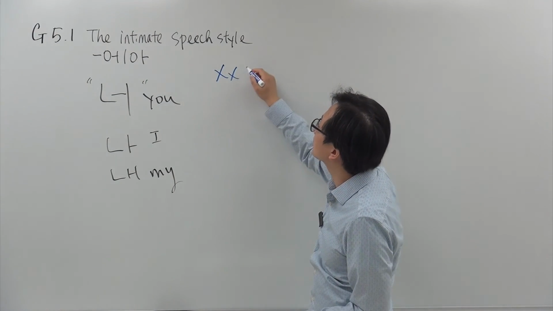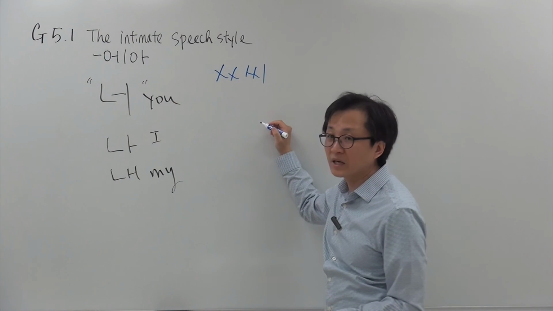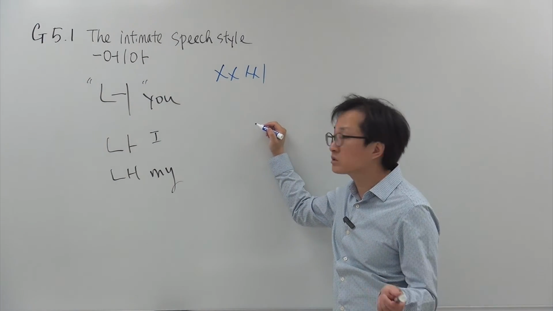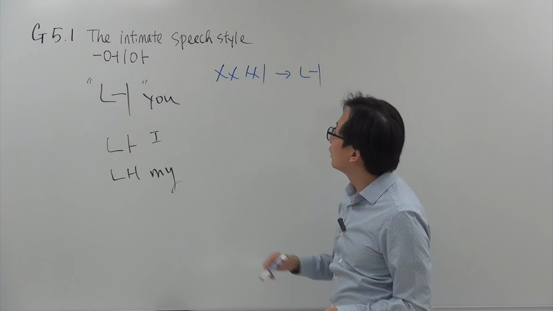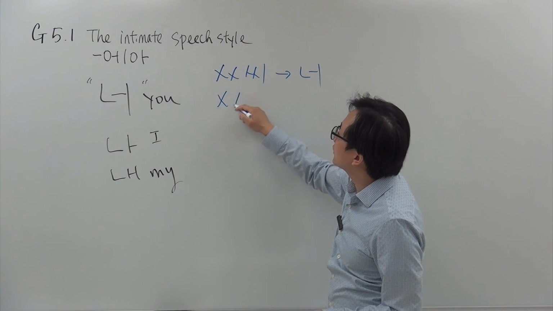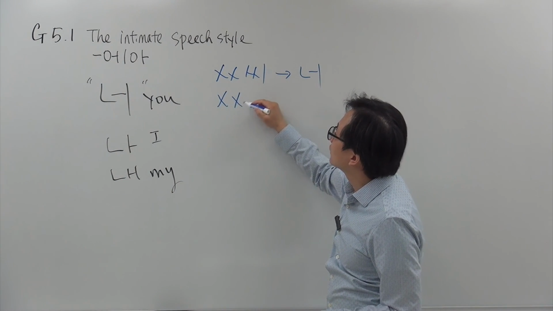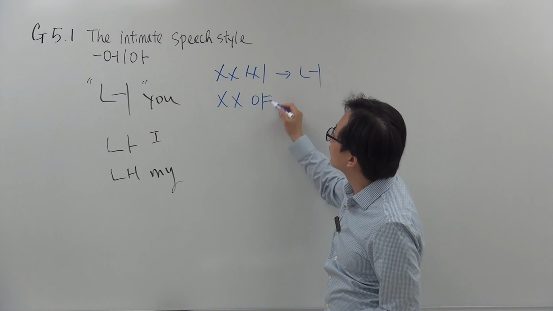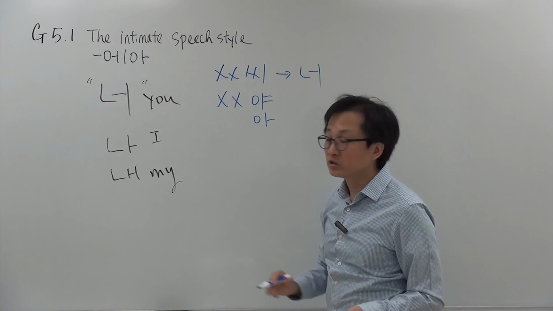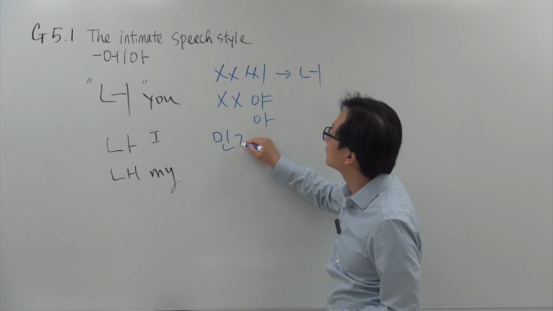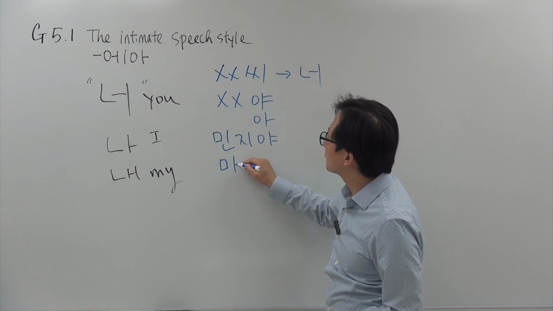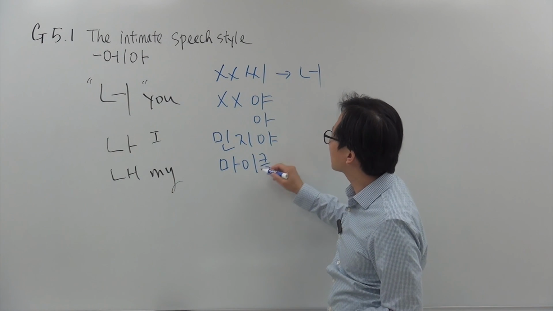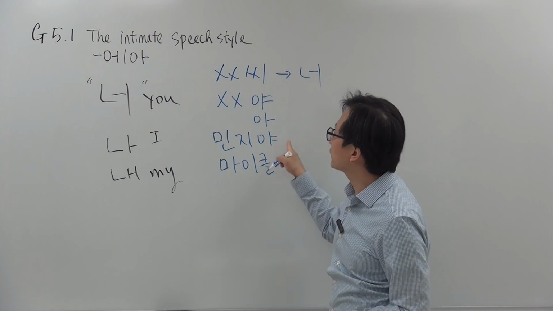So 마이클 씨, 유미 씨, 그러죠. 요거를 you can simply replace with 너. Or you can use somebody's name followed by 야, 누구누구야, or 누구누구. 그래서 민지야. 그렇죠? 그다음에 마이클, when there is a consonant we can use 누구누구야, 누구누구.